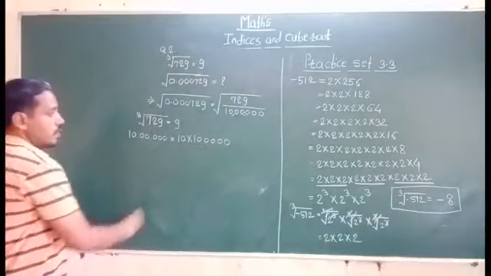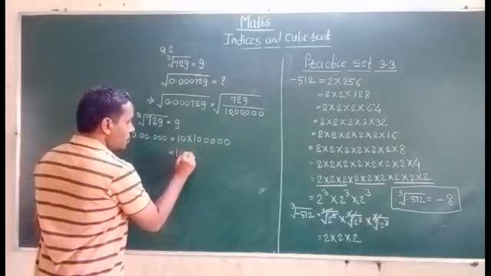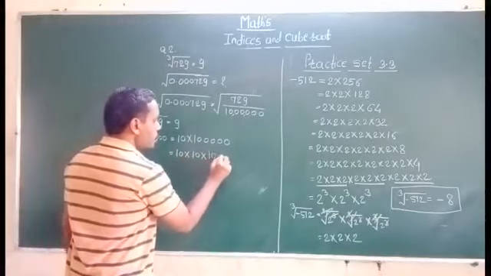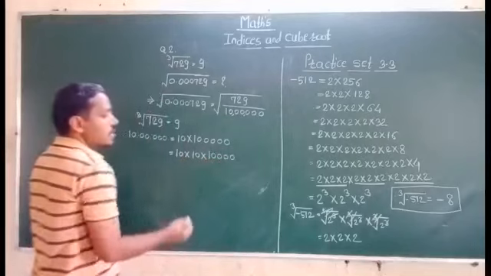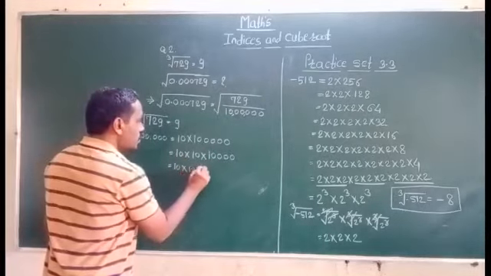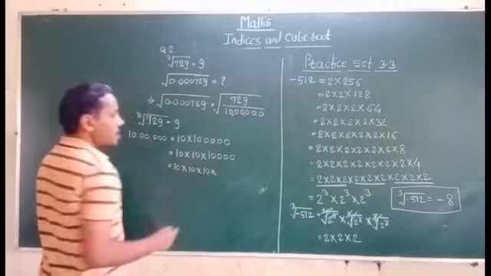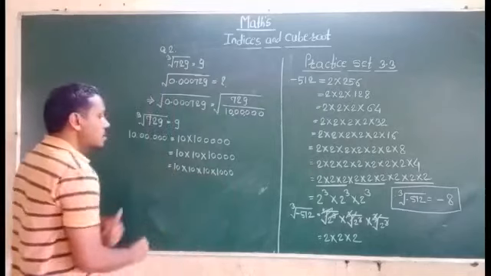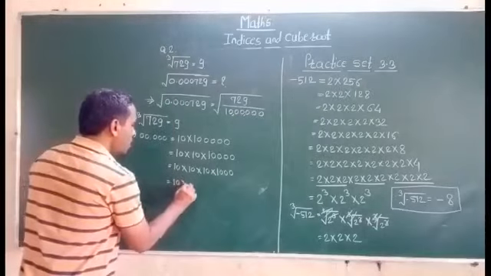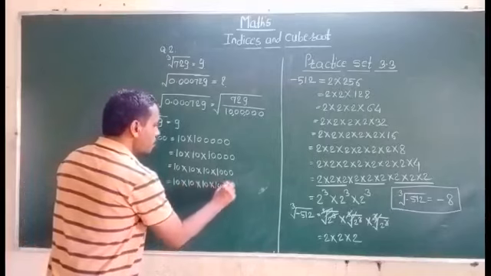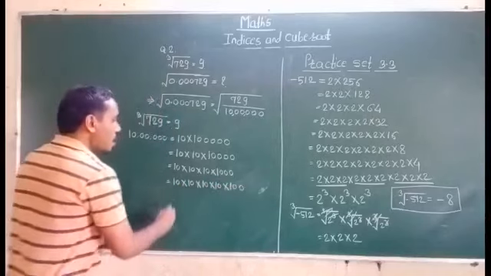Again, dividing that 1 lakh by 10, we get 10,000. Dividing 10,000 by 10, we get 1000. Dividing 1000 by 10, we get 100.